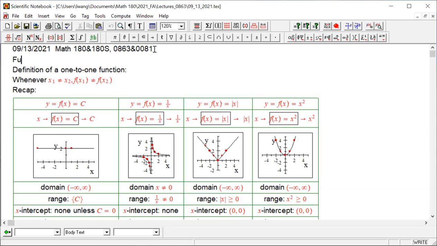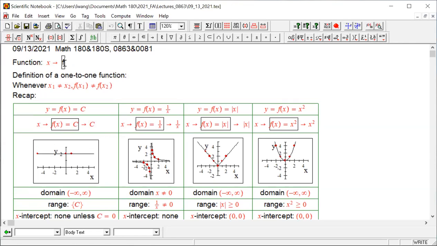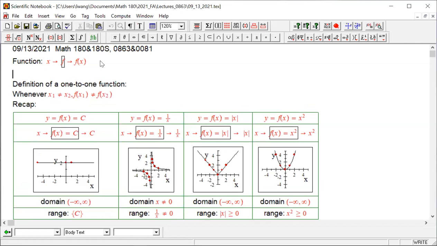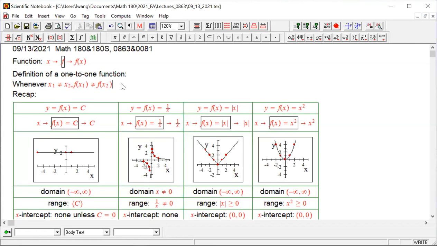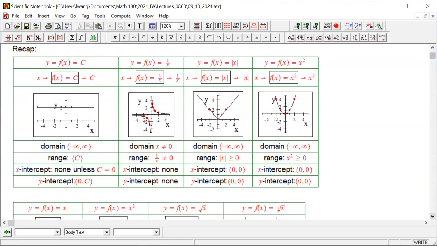And built on top of it is a function. A function is a rule that assigns each input exactly one output, f of x. One-to-one function, right?